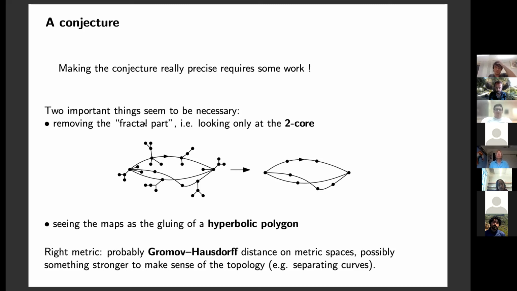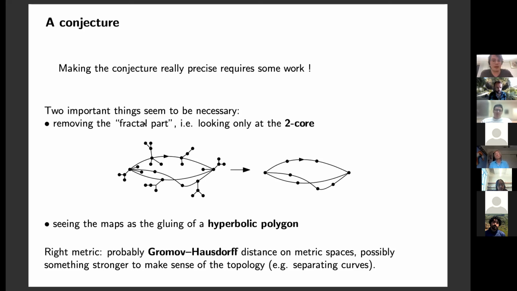This would already be something good. This transports a lot of geometric properties, but it doesn't make sense of the topology. For instance, the Gromov-Hausdorff distance doesn't capture separating curves in your surface.